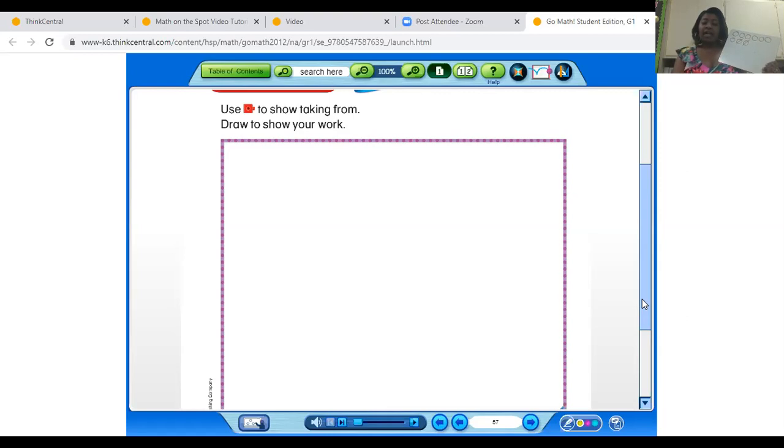How many butterflies are there now? There were 9. 2 of them flew away. 1, 2, 3, 4, 5, 6, 7. That means that there are 7 butterflies that remain. Those 7 butterflies are still there, and I drew a picture to represent that.